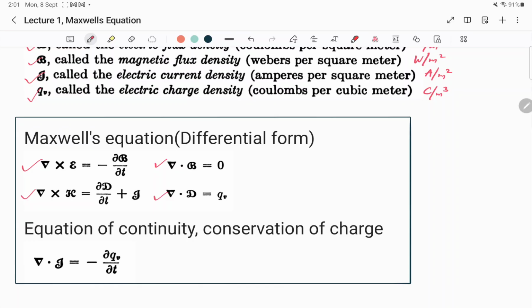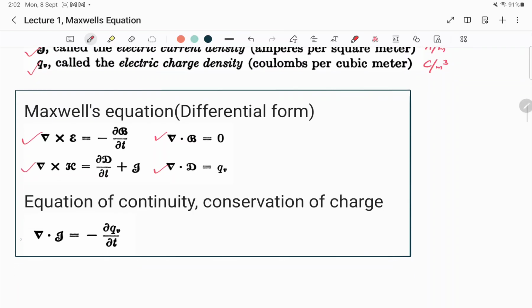This particular equation is also known as Gauss law for electrostatic field, and it says that the divergence of electric flux density D is equal to the electric charge density QV.